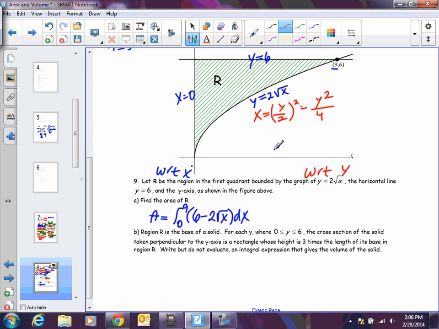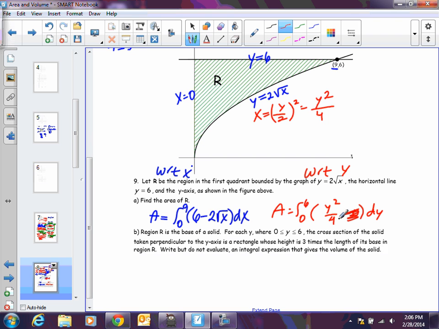Okay, y squared over 4. All right. So if I was doing this, then I would do 0 to 6 because I would do bottom to top, just with respect to y, and then I would do right minus left. So y squared over 4, but on this side I could just say minus 0, and then dy. And I don't really need minus 0.